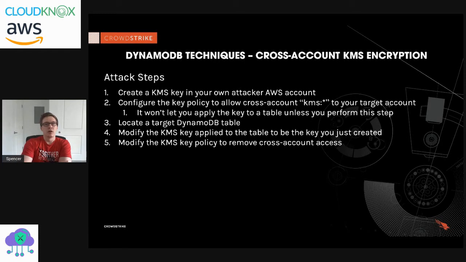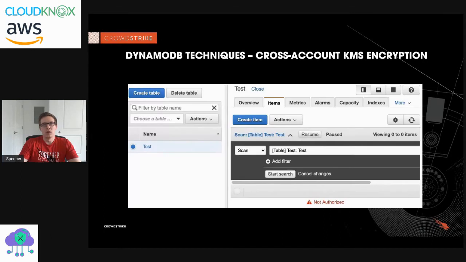Then you go into your own account and modify the KMS key policy to remove that cross-account access. So now, in theory, their DynamoDB table has your encryption key applied to it, and they don't have decrypt permission for that key. If they try to view their table or the data within it, they're going to get not authorized, as you can see here.